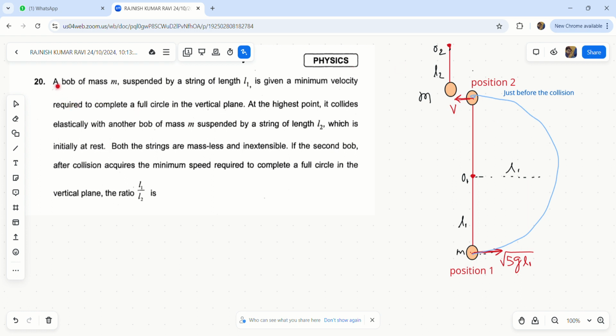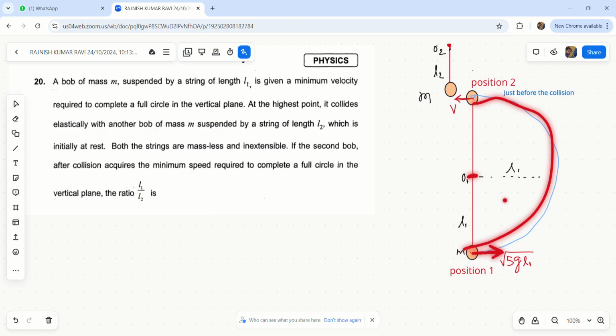The problem is: a bob of mass m suspended by a string of length L1 is given the minimum velocity required to complete a full circle in the vertical plane. This is the bob of mass m, suspended from a string of length L1 from this fixed point O1.